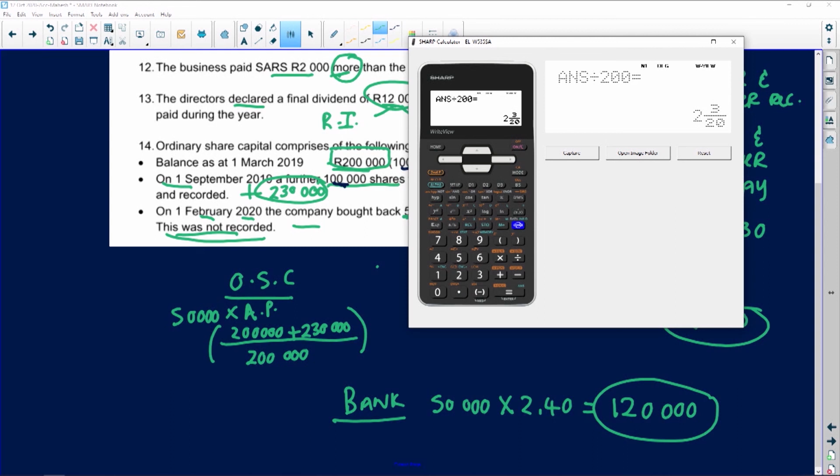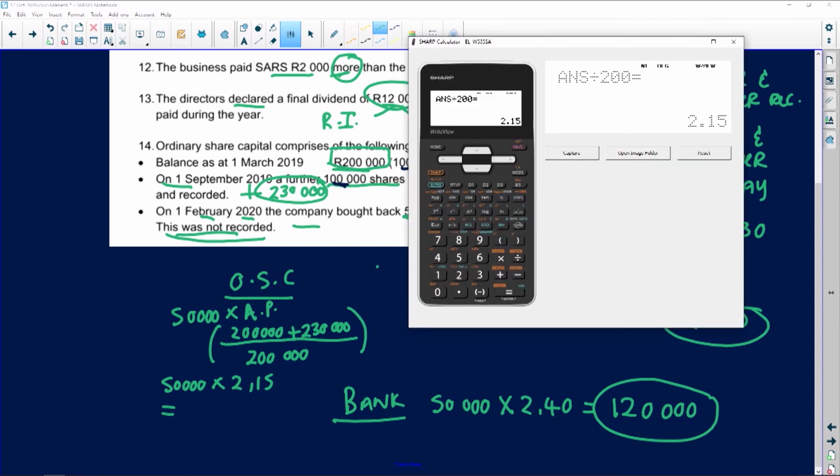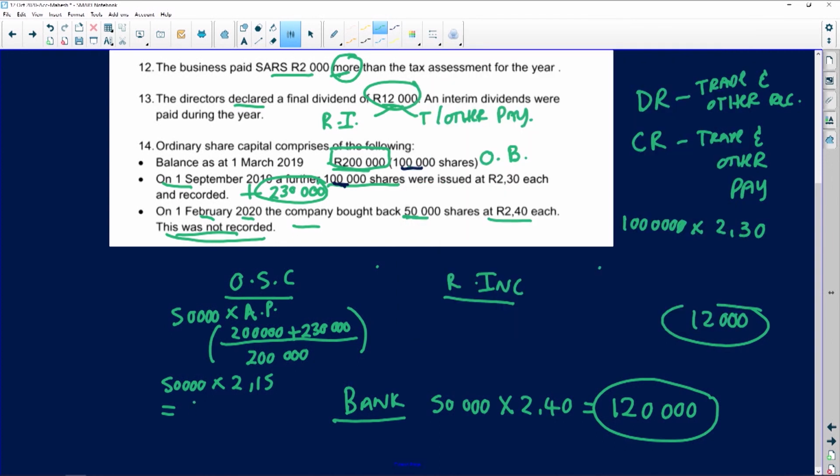And that gives me an average price of 2 Rand 15 cents. So 50,000 times 2 Rand 15, and my ordinary share capital is now going to decrease by 107,500.